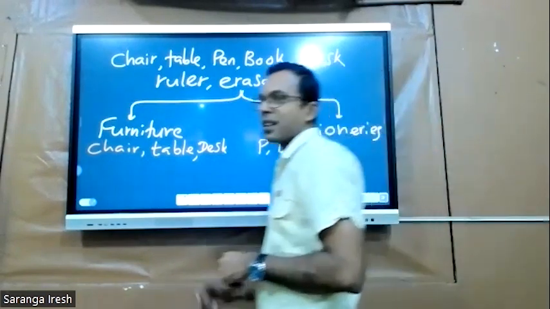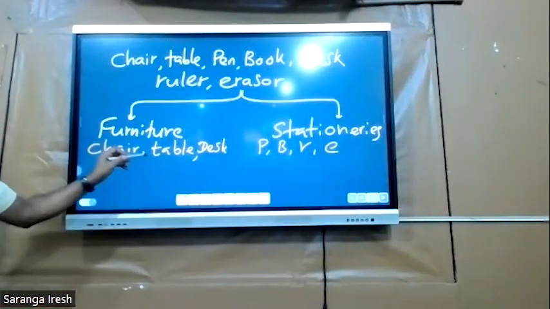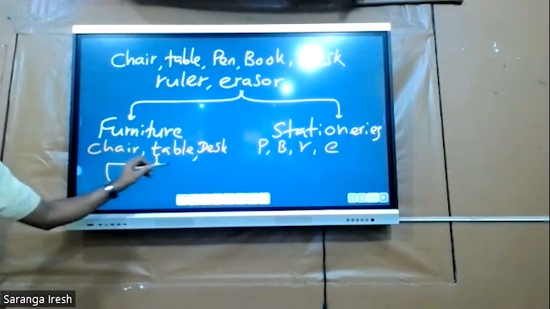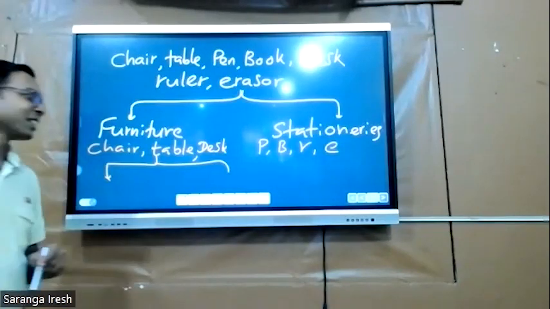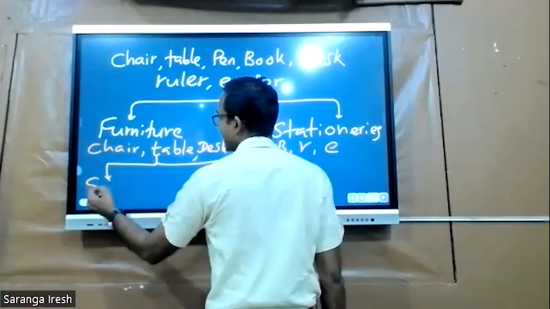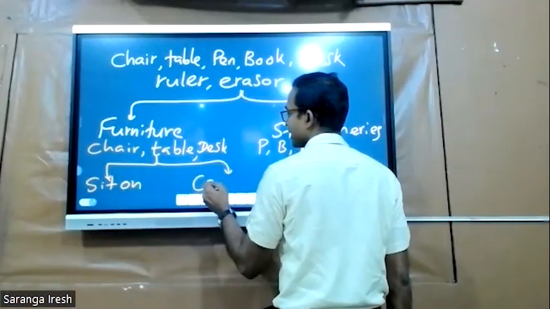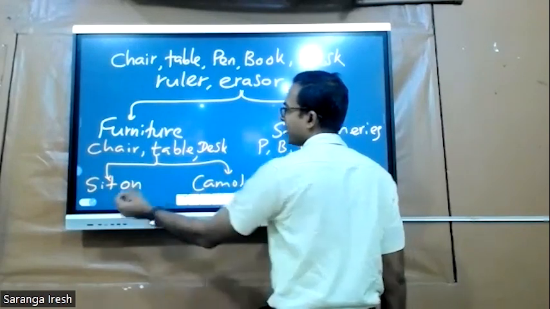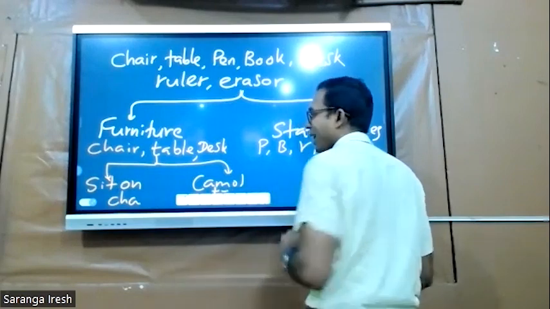Again, I use two statements to classify these furnitures. What can I use? Yes, can sit on, and cannot. Can sit on is chair, and cannot is table and desk, right?